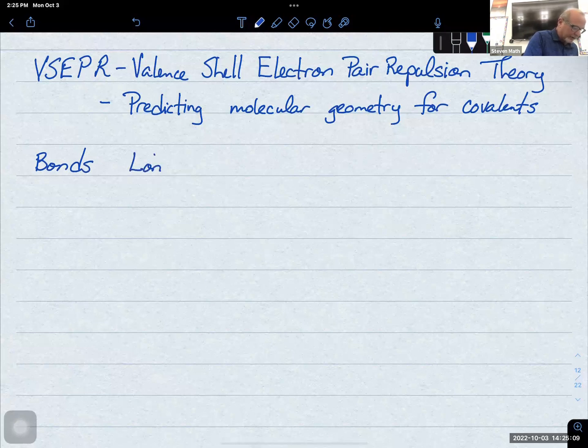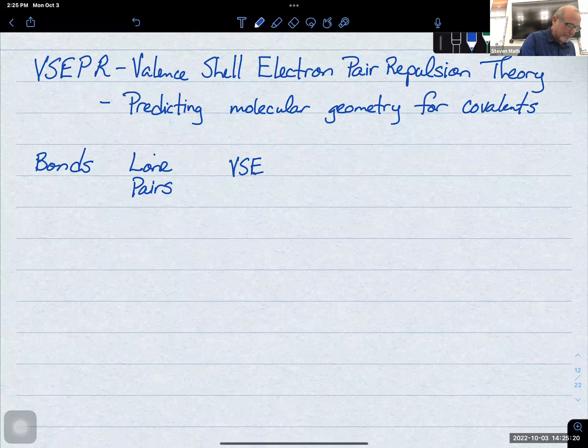How many lone pairs does it have? What would be the proposed VSEPR shape? And what's going to be our example? And leave yourself a little room. There's a column out there to the right that we're going to add in at the end that hopefully starts to tie some of this together.